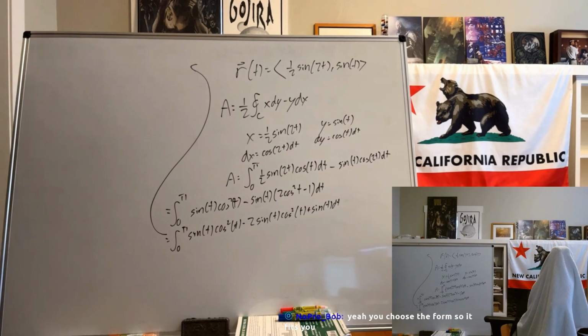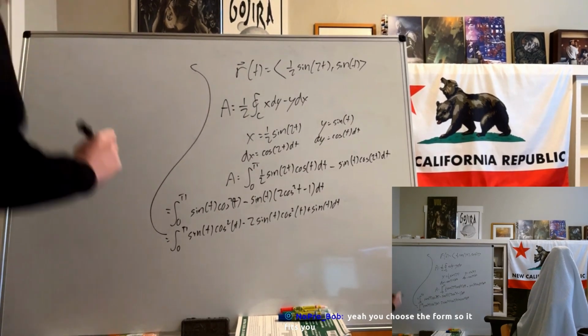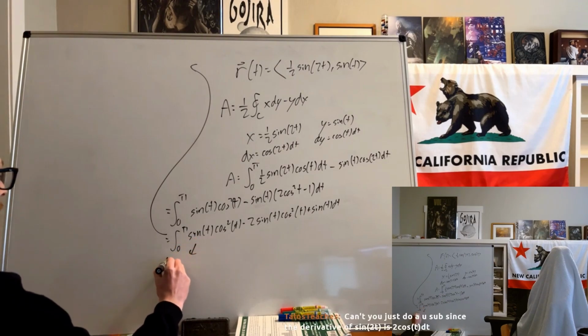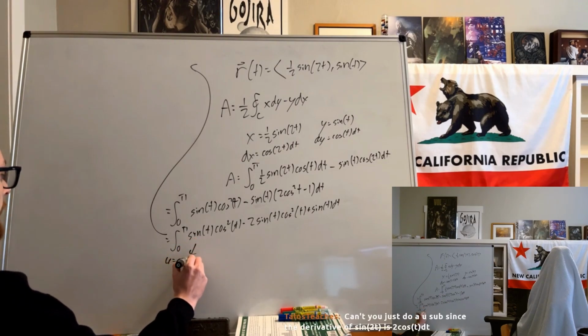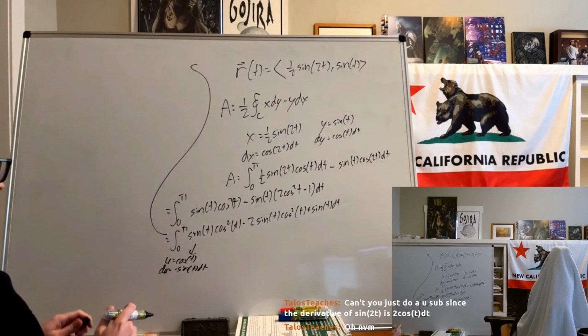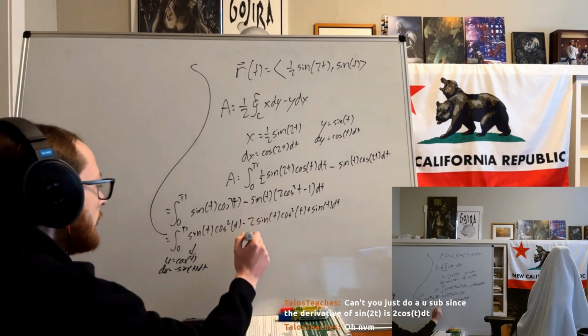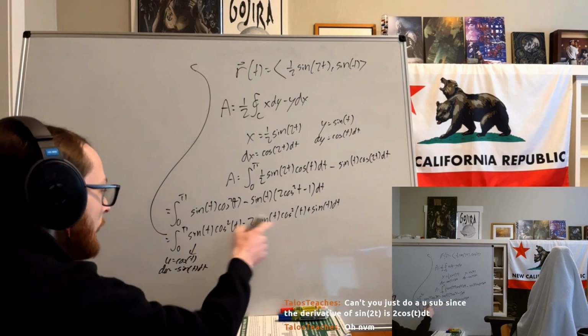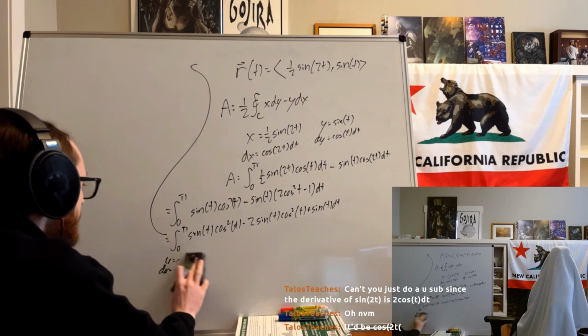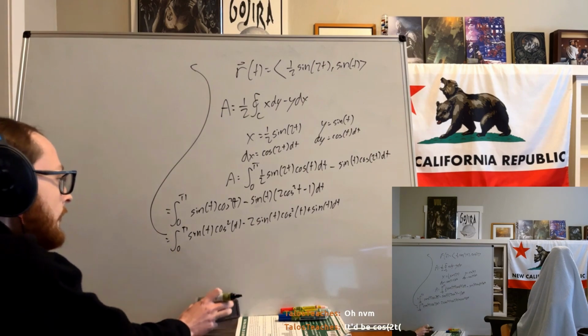Okay, so actually this is annoying too, that I'm going to do the u sub here. For this one, I'm going to do u equals cosine t, which means du is minus sine t dt. This one, the same exact, actually wait, these are the same thing. We can combine like terms on those. So let's actually do that before we u sub. They're both sine t cosine squared t.